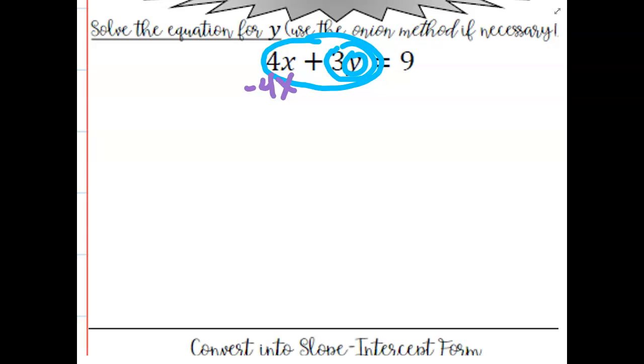But just like anytime we solve equations, if I subtract 4x on one side, I have to subtract 4x on the other. So now I have 3y equals. Now, on the right-hand side, usually I would go ahead and subtract these. Here's the problem. That's a 9 and that's a minus 4x. These are not like terms. You can't combine them together. You have to leave them separate.